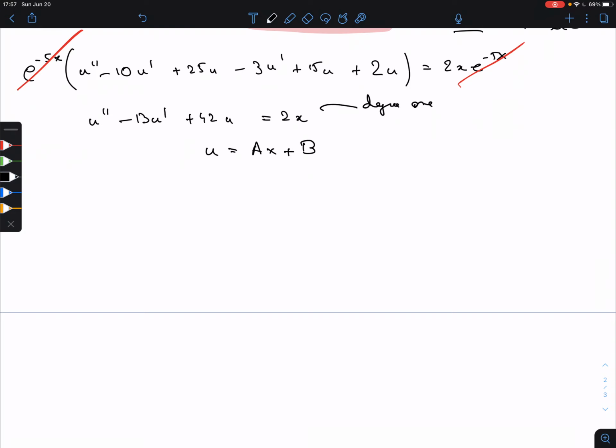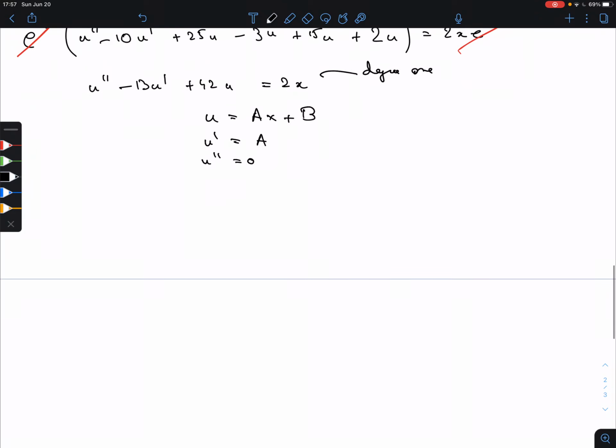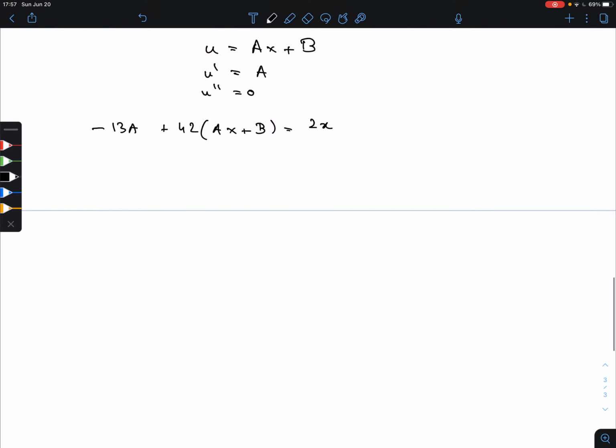So we find u prime is a and u double prime is 0, so that doesn't even contribute. So we get minus 13a plus 42ax plus 42b is equal to 2x.